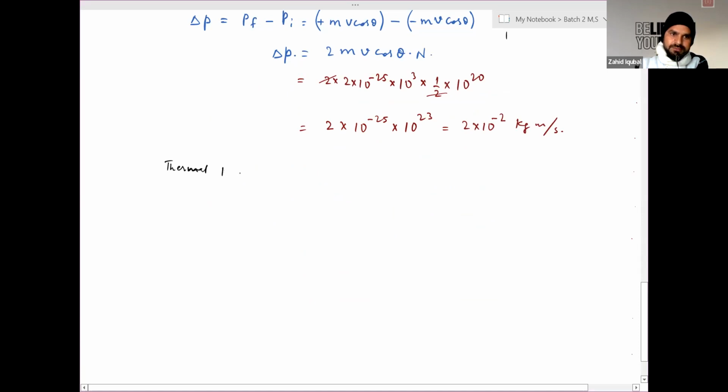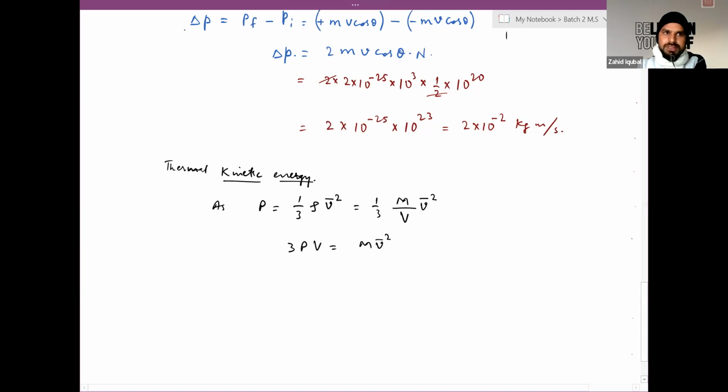As pressure equals 1 by 3 rho V bar squared, we may write density as mass divided by volume, so 1 by 3 m by V times V bar square. Move this volume to the left side and 3 to the left side. So you'll get 3 times PV equals m times V square.